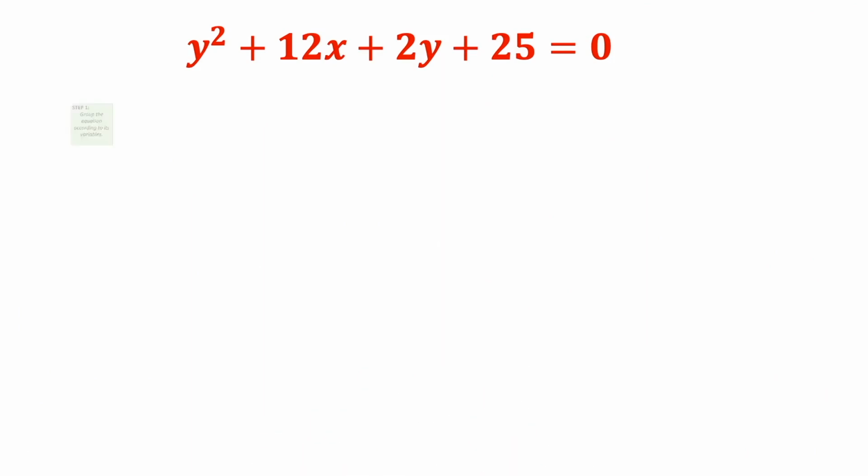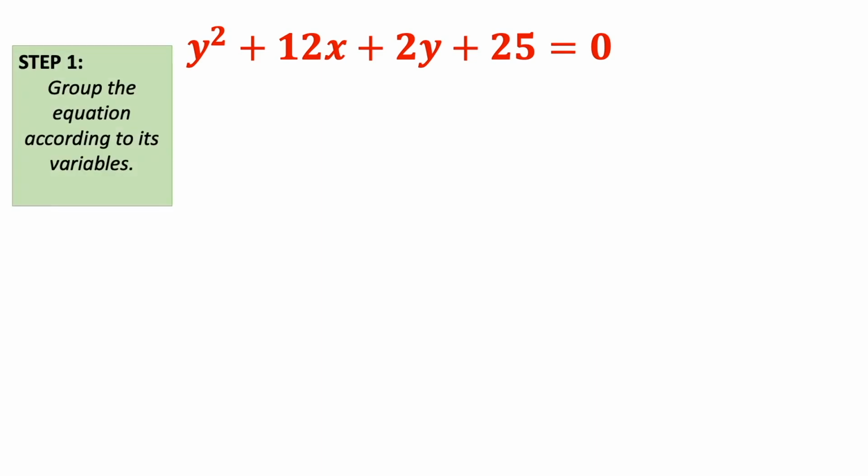We need to group our equation according to its variables. I will group the terms for y. Since 12x and 25 do not have like terms, we will transpose them to the right side of the equation.